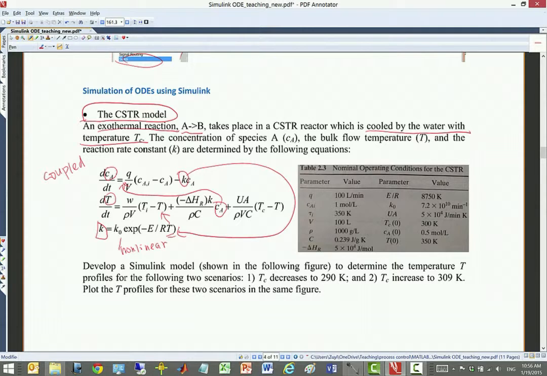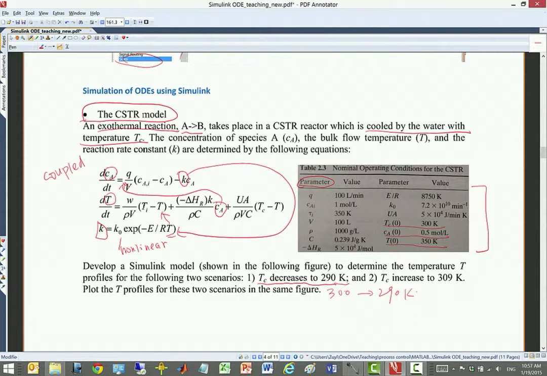The values of the parameters are shown in this table, and the initial condition is also given. I think in the next page. So in this example, the cooling temperature of the water decreases from 300K to 290K.